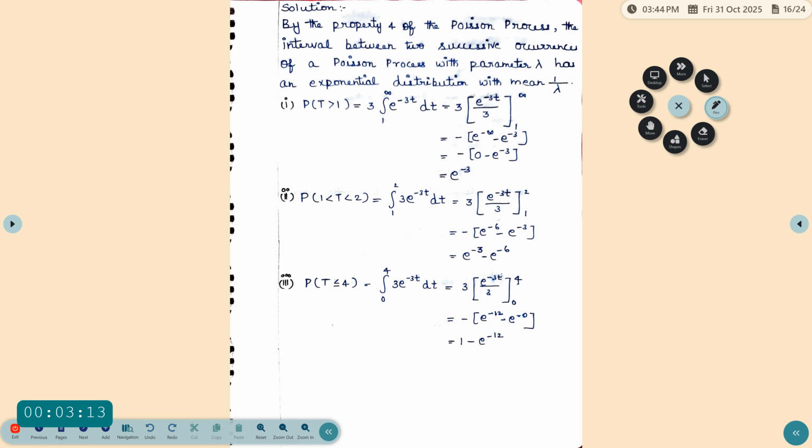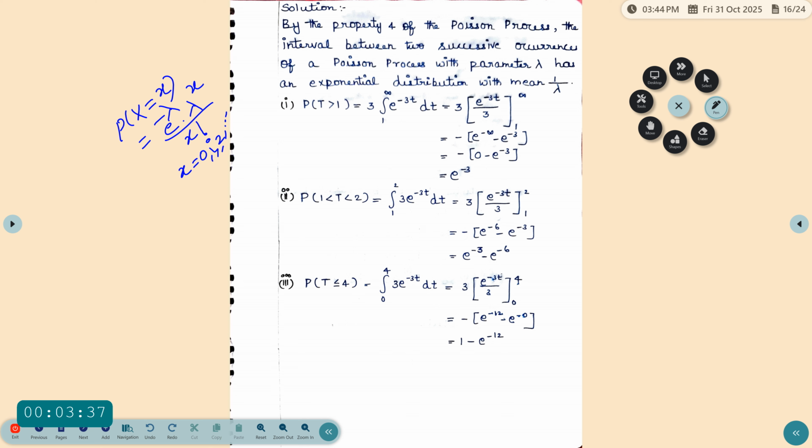We already know the Poisson distribution is P of X equal to x equals e power minus lambda into lambda power x divided by x factorial, where x equals 0, 1, 2, and so on.